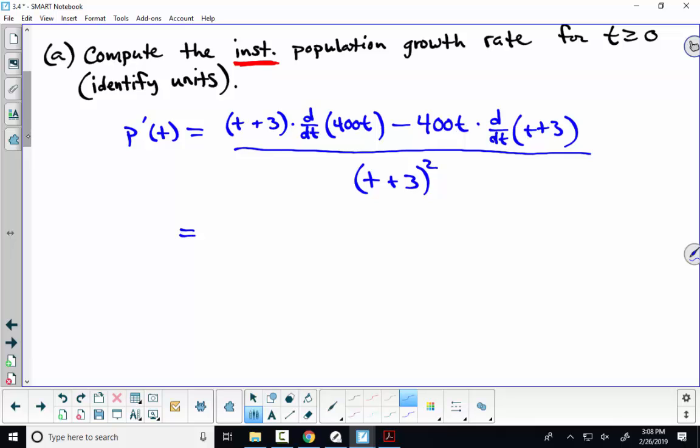So we have t plus 3 times the derivative of 400t. What's the derivative of 400t? 400. Minus 400t times the derivative of t plus 3, which is 1, all over the bottom squared.